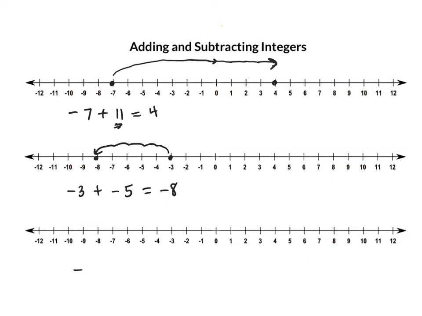How about -2 plus -10? I'm going to start at -2, and I'll go 10 in the negative direction. So if I go 10 in the negative direction, I end up right there at -12.